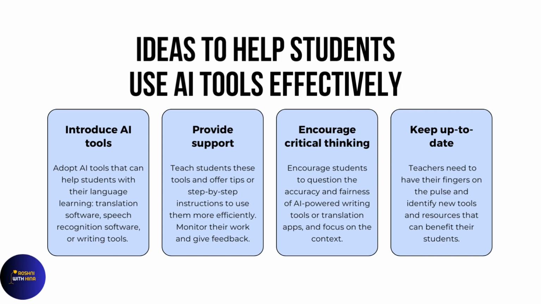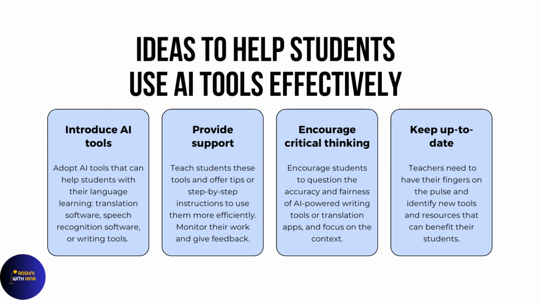Introduce AI tools. Adopt AI tools that can help students with their language learning: translation software, speech recognition software, or writing tools. Provide support. Teach students these tools, offer tips or step-by-step instructions to use them more efficiently. Monitor their work and give feedback.